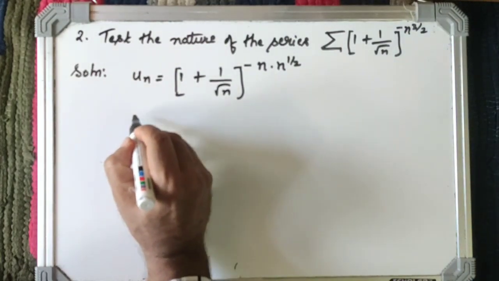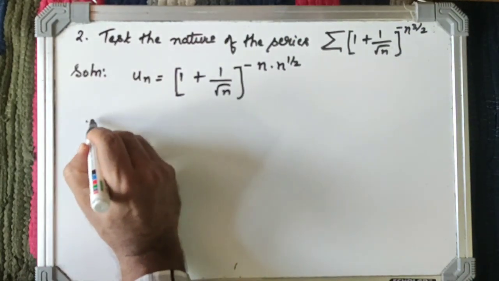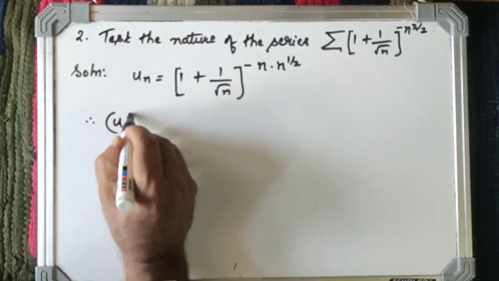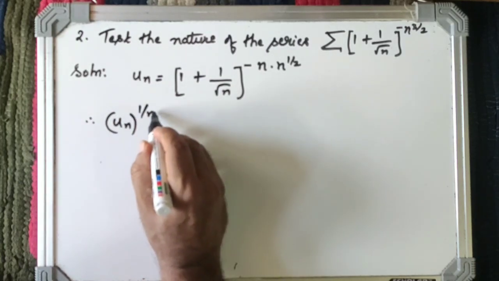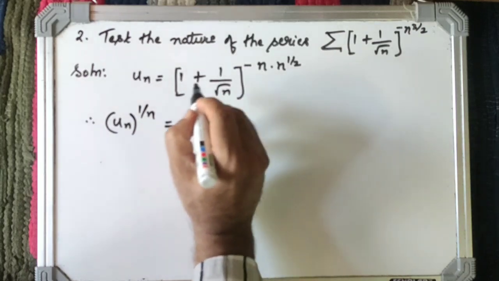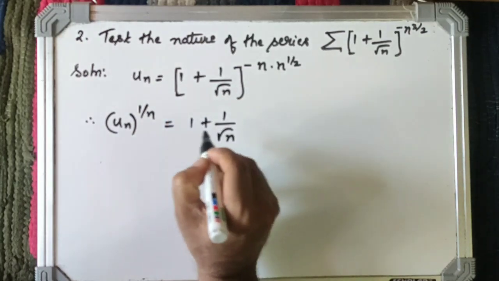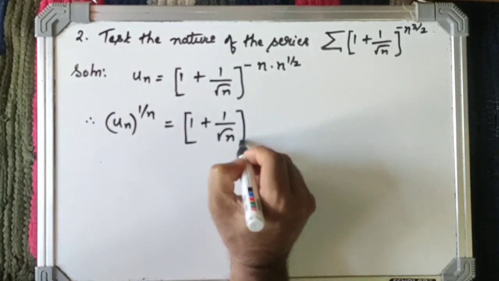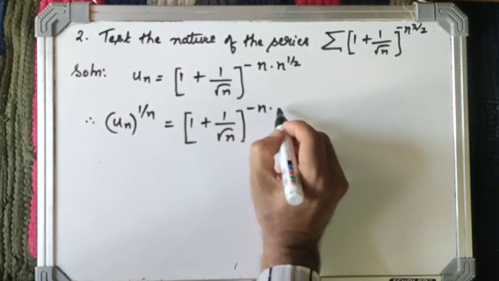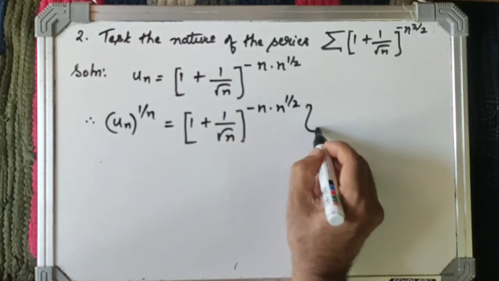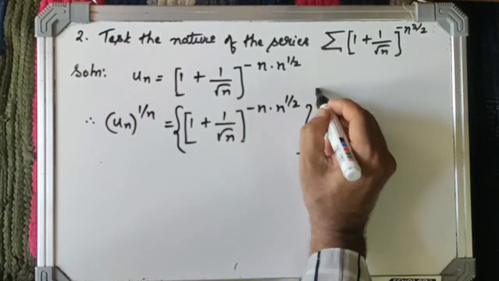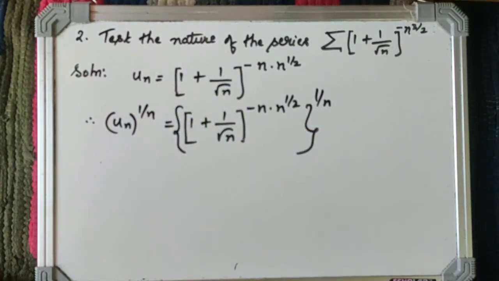So if I take whole power 1 by n, un power 1 by n will be equal to (1 plus 1 by root n) power minus n into n power half, this whole power 1 by n.